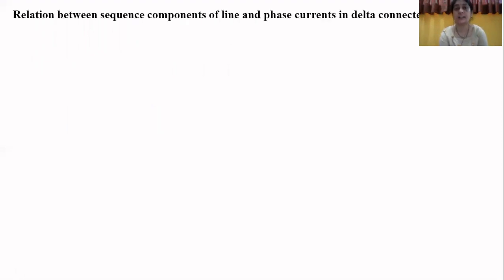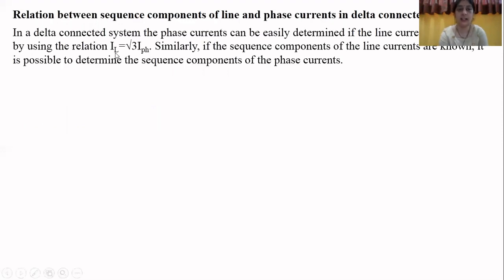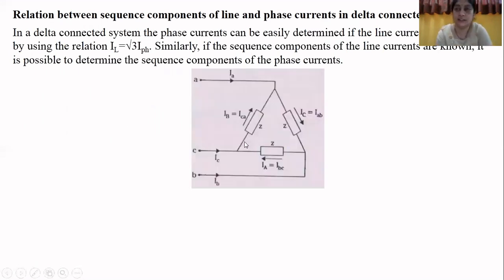A similar relationship can be obtained for phase and line currents in a delta connected system. In the delta connected system, we know that IL is equal to root 3 times of I phase. Therefore, let's consider a delta connected system where IA, IB, IC, I small a, I small b, I small c are all representing the line currents which are entering the delta connected system.